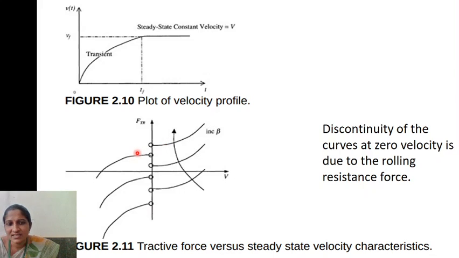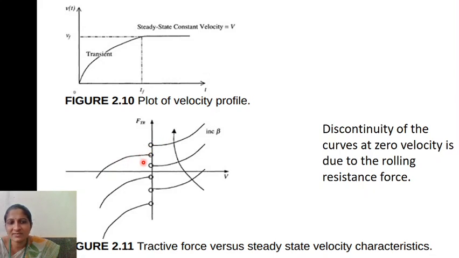Observe, there are 3 curves here, but you can see 6 lines. These 6 lines are nothing but the 3 curves only, for beta 1, beta 2, beta 3. For beta 1 and beta 3 you can observe it will be in the shape of a parabola, but at v equal to 0, it will go in the negative direction.